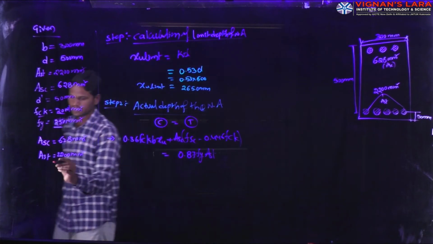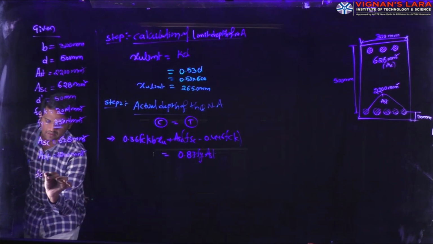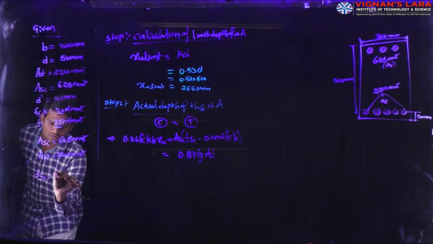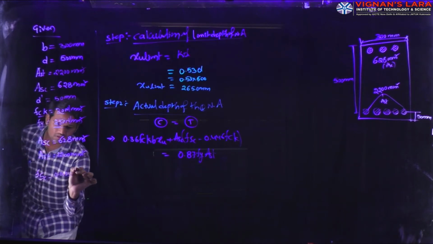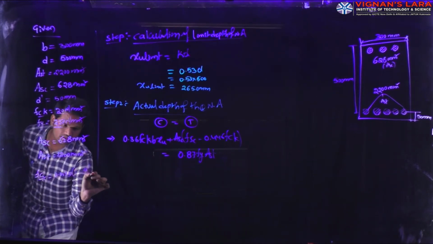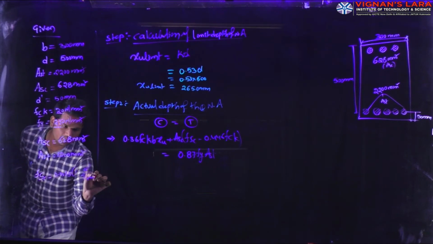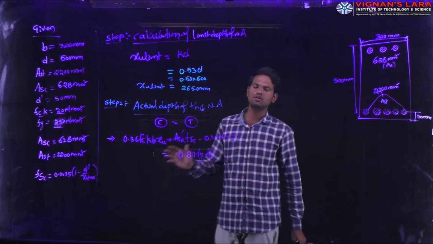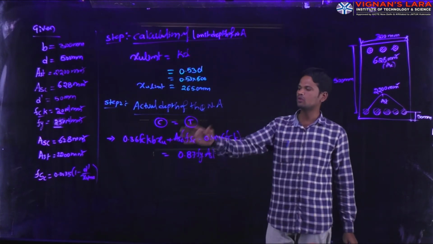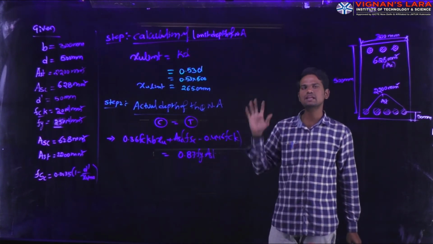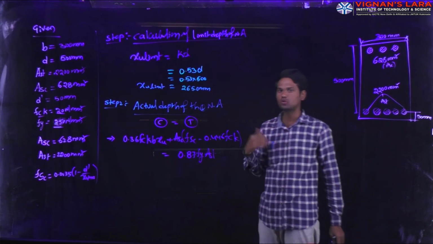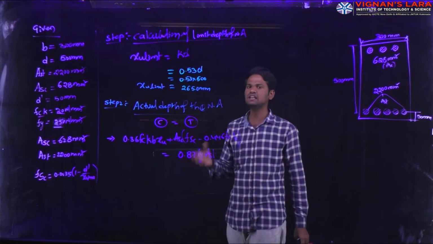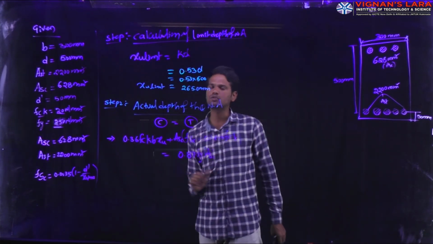I am writing this FSC formula here: FSC equal to 0.0035 into 1 minus D dash by XU max. Based on this, from the IS 456 code book, we take the stress in steel in the compression zone, that is, how much stress is taken by the steel in the compression phase.